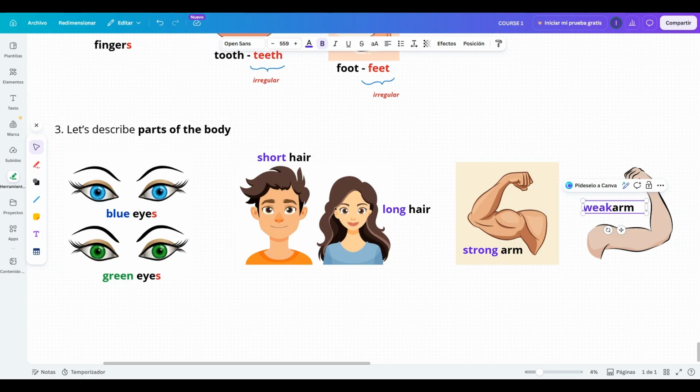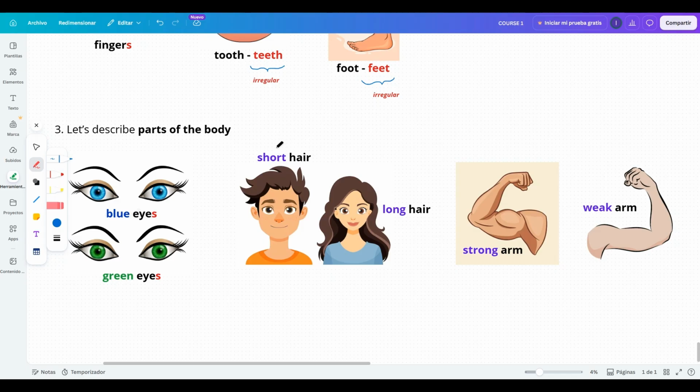Weak arm. Remember, please, that people first mention the word that describes the noun. In other words, first mention the adjective that describes the noun.